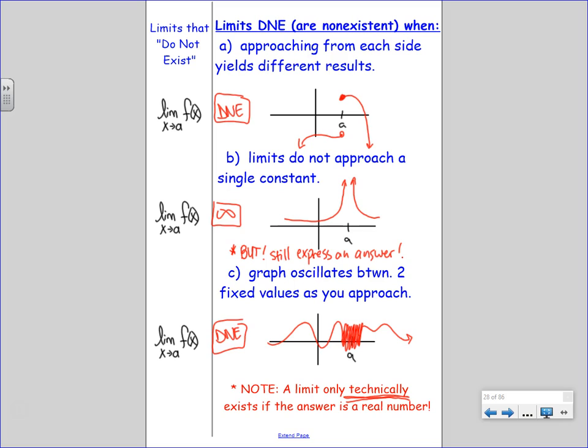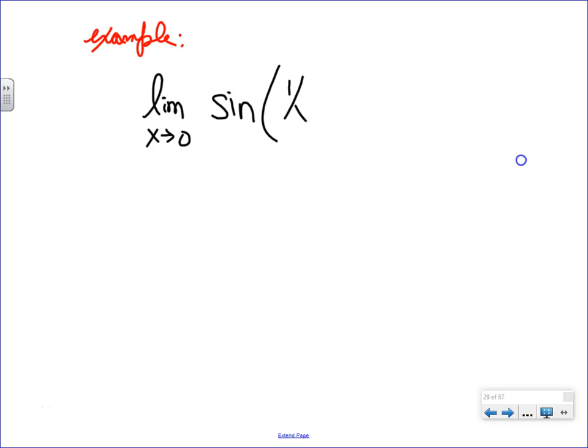I want you to put in y equals sine of 1 over x. And I want you to see, graphically or numerically, what you think the limit is as x approaches 0.